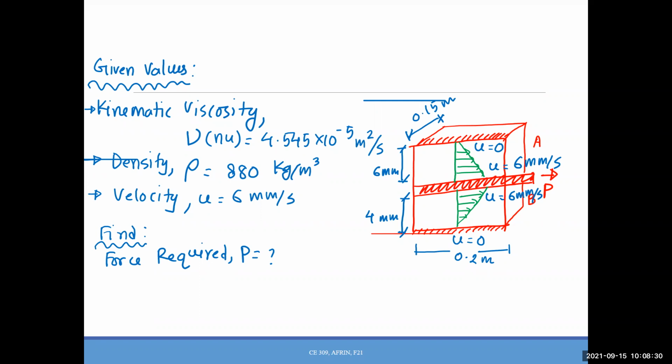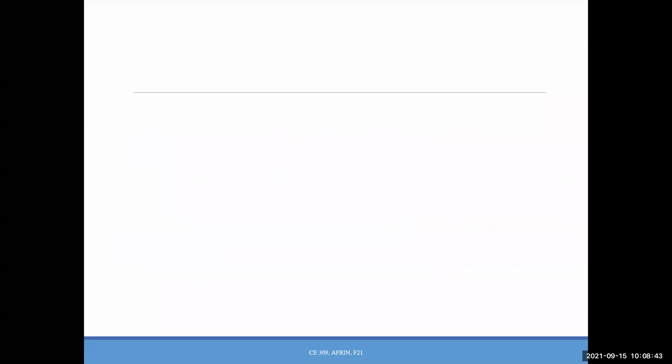Okay, good. Now, as I said, since this piece will be affected by the top layer and the bottom layer of fluid, we will calculate those layers separately. At first, I will work with the top layer, okay?